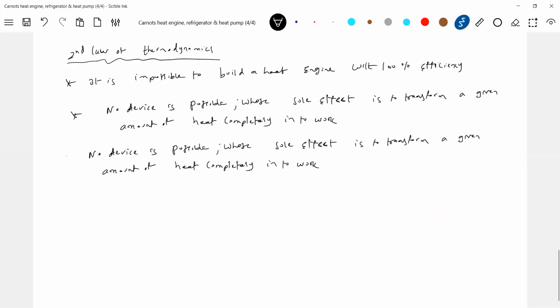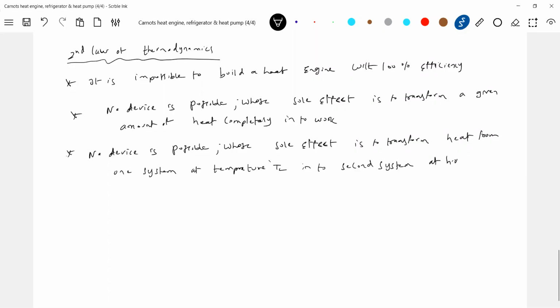No device is possible whose sole effect is to transfer heat from one system at temperature TL into a second system at higher temperature TH.